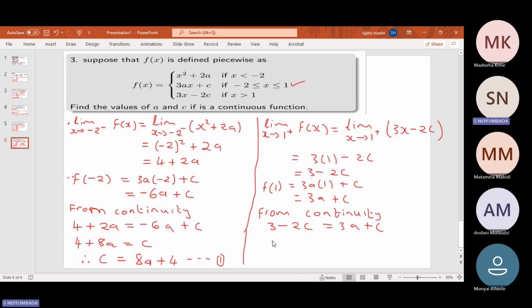Then we substitute c in the formula. We're going to have 3 minus 3a is equals to 3c. Is that so? Let's take it as equation 2. And we substitute equation 1 into equation 2. Are we good?